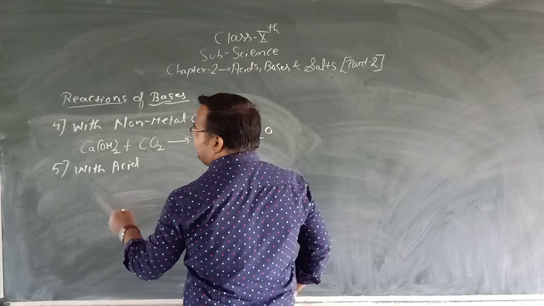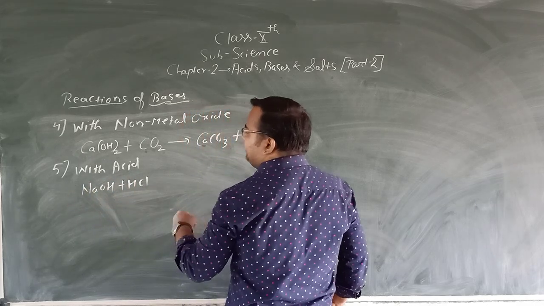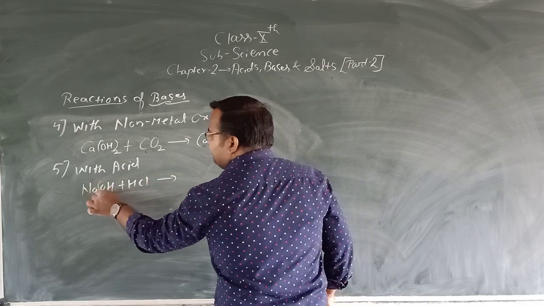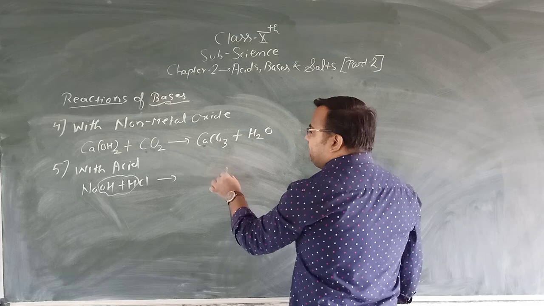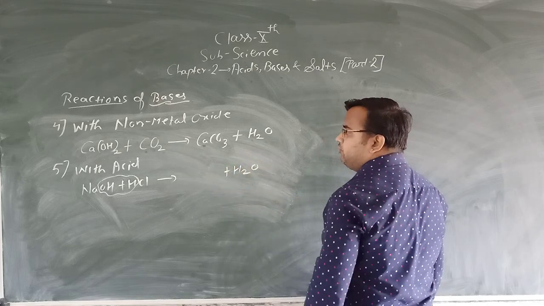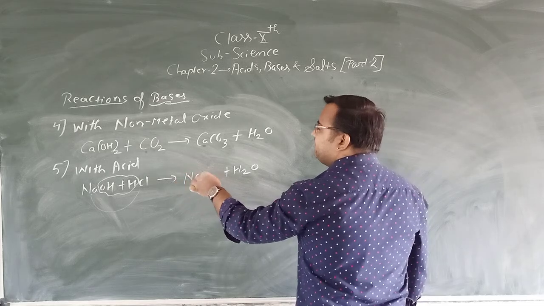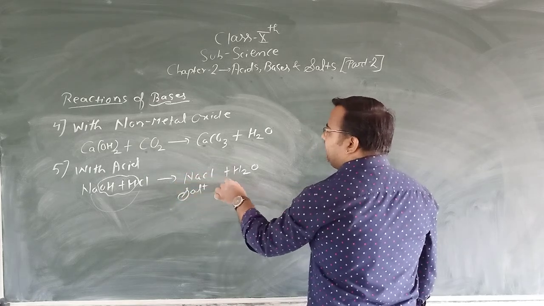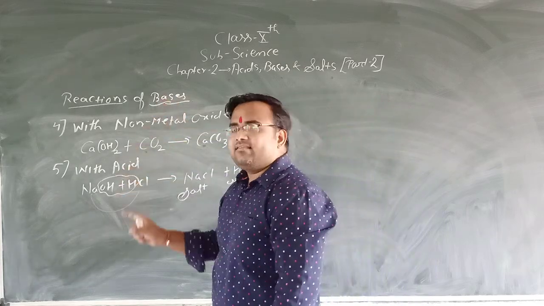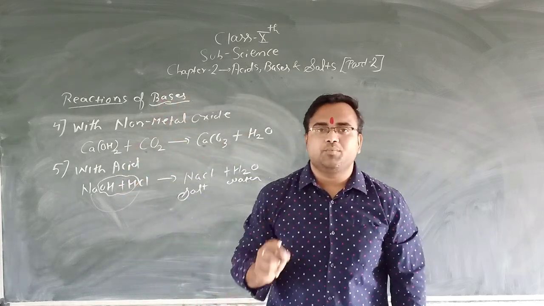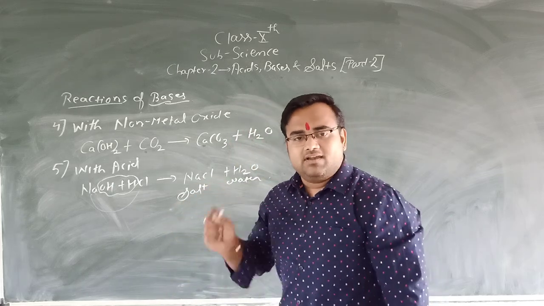Clear? For the base you can take NaOH, and for the acid we can take hydrochloric acid. See, OH and H will combine with each other to give H2O, that is water. What is remaining? Na and Cl, so it will give NaCl, that is salt, and this is water. So base with acid and acid with base, the product is the same, salt and water, and the reaction is known as a neutralization reaction.